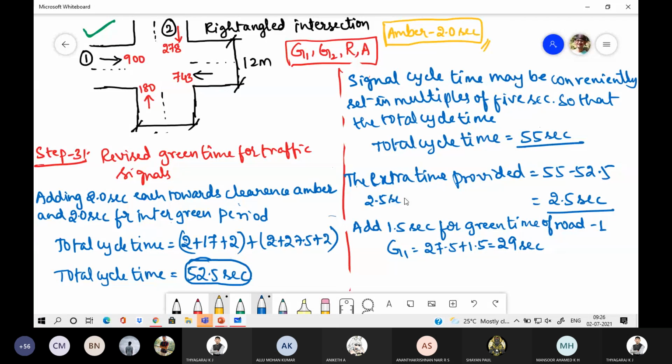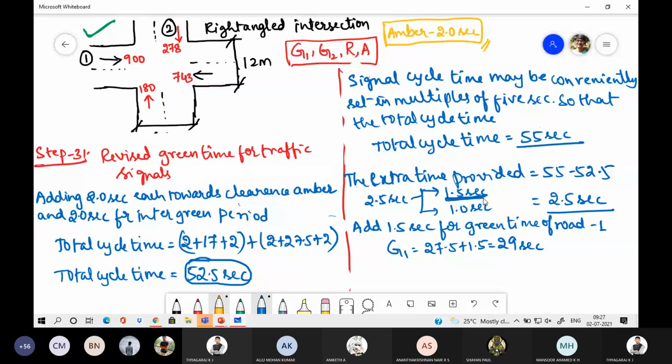Yes or no? In which road is the traffic more? Road 1. That's why I am dividing the green time, a higher time for road 1 and lesser time for road 2. Or you can provide 1.25 seconds each also, but we will provide like this.